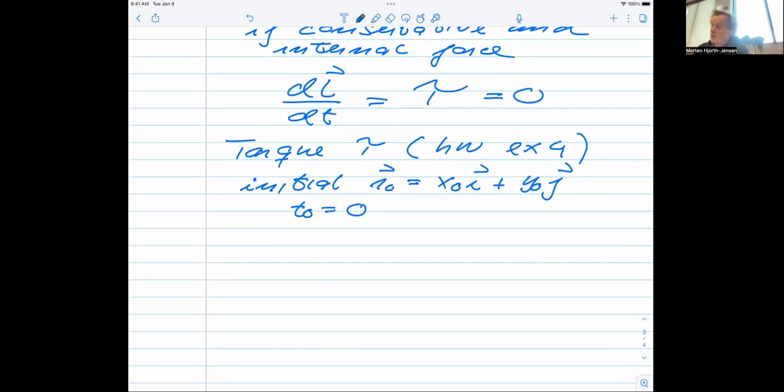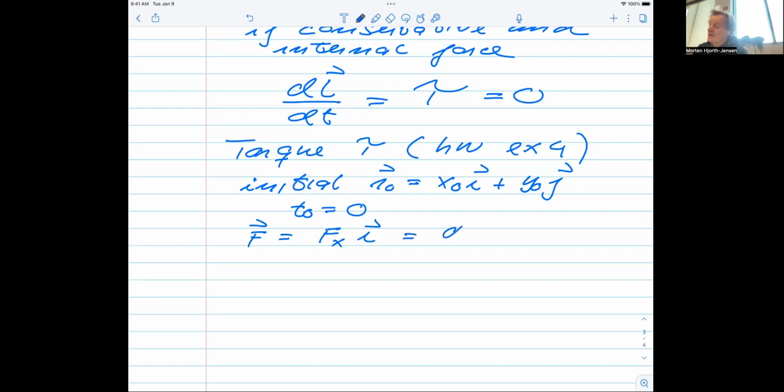And then we have a force which acts only in the x direction. So F lives only in the x direction. There is no force in the y direction. And as we've seen previously, that means that there's obviously no acceleration, so there is no change of the motion in the y direction. So we have a constant F of x, multiplied by I, and we assume that this is a constant.